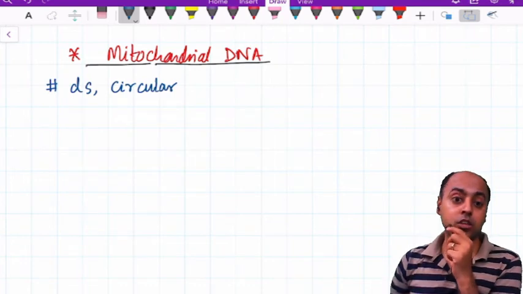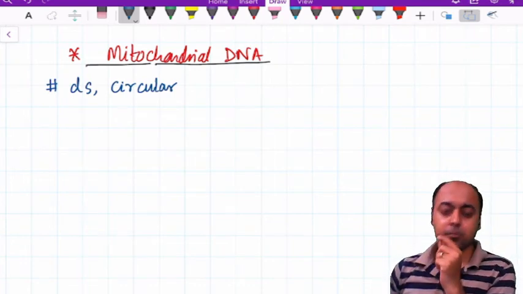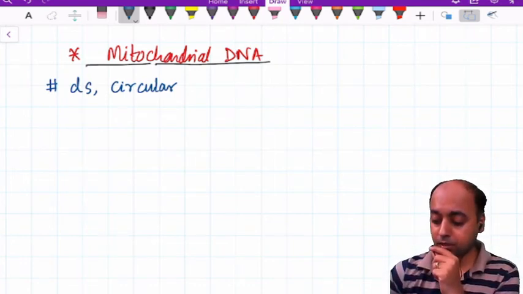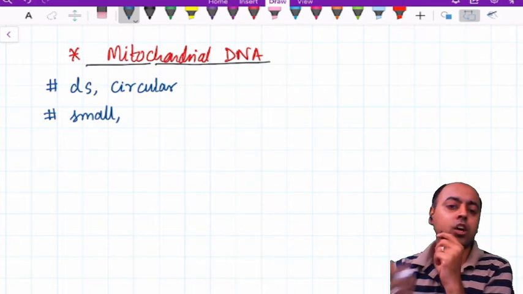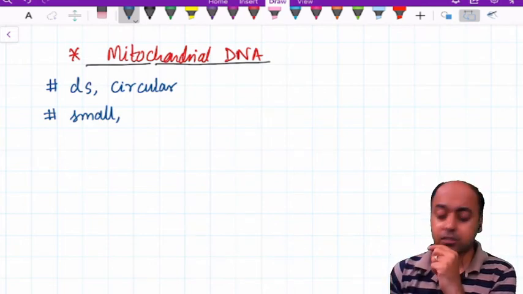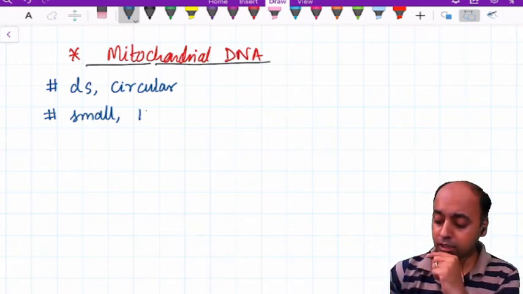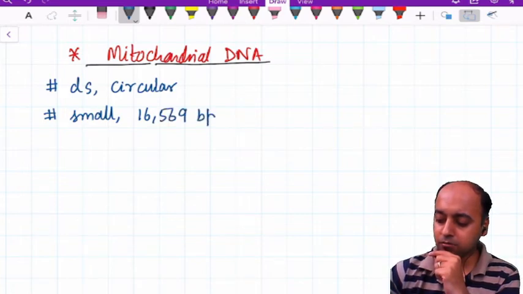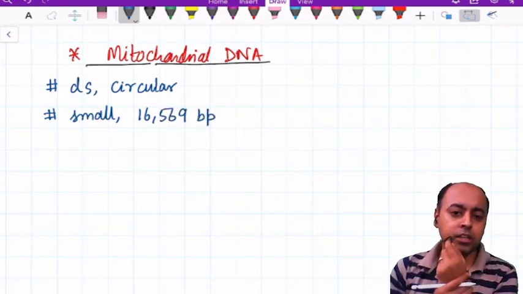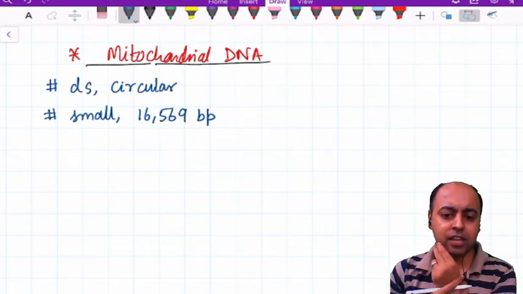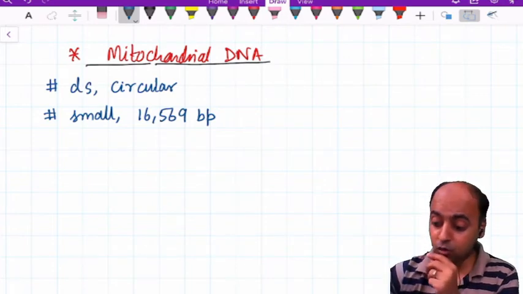It is circular. So it is double stranded but circular. In addition to this, it has a small size in comparison to nuclear DNA, which runs in millions of base pairs. The size of the mitochondrial DNA is 16569 base pairs.